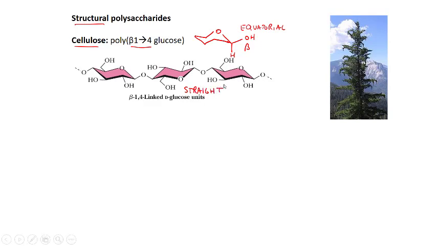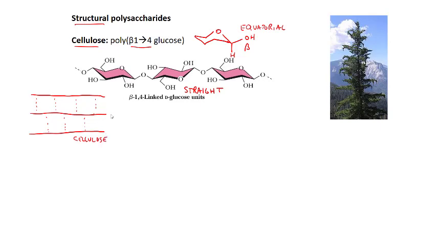And so you end up with a straight ribbon-like molecule, and the different chains of cellulose can then pack side by side and hydrogen bond with each other, forming a structure that is actually a lot like a beta sheet from a protein.